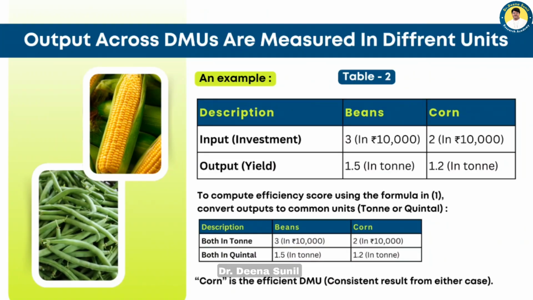Previously we got the value for beans 0.5 and for corn 0.6. Now we are getting for beans 5 and corn 6. If you compare both, the higher value is efficient, it is very common sense. So again the corn is the efficient DMU, a consistent result in either case.